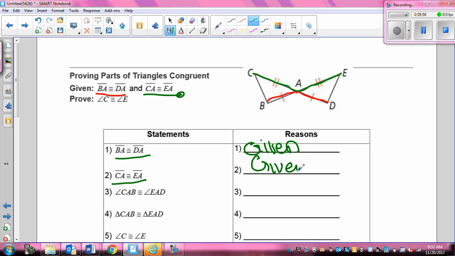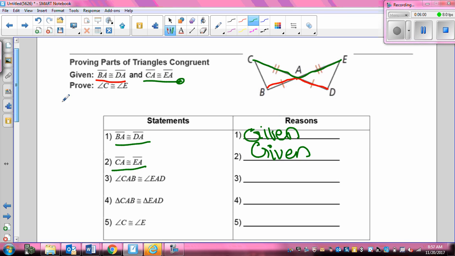Sometimes they like to split it up. Now, they're saying these two triangles do intersect. They meet at A. So we're either going to have the reflexive property or vertical angles. So they're either sharing a common side or we have vertical angles. In this case, they have CAB is congruent to EAD. How do we know that?